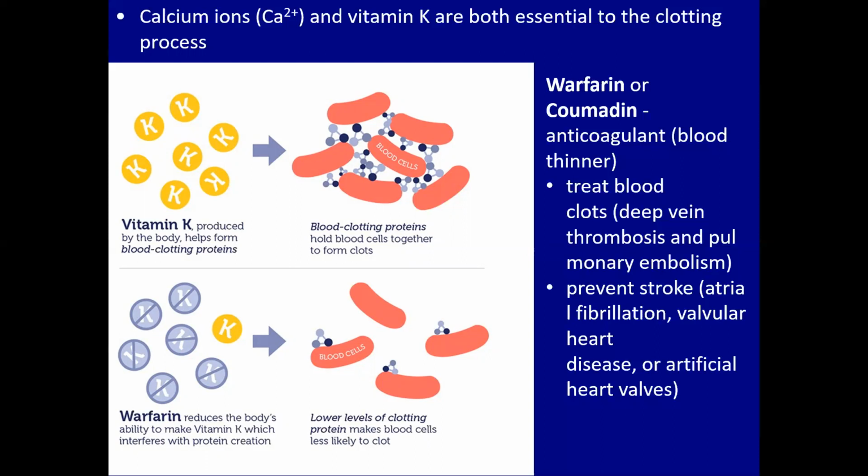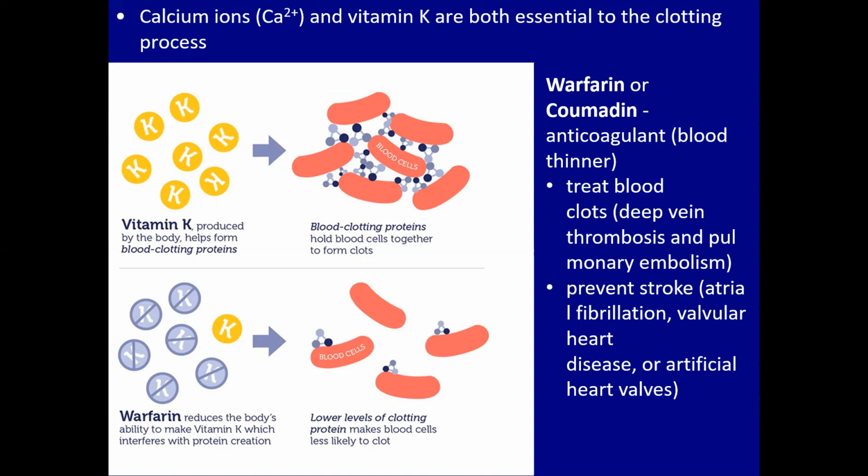So warfarin, sometimes called Coumadin, is an anticoagulant. It is still commonly used as a rodent poison. So if the rodent ingests this, they essentially bleed out.